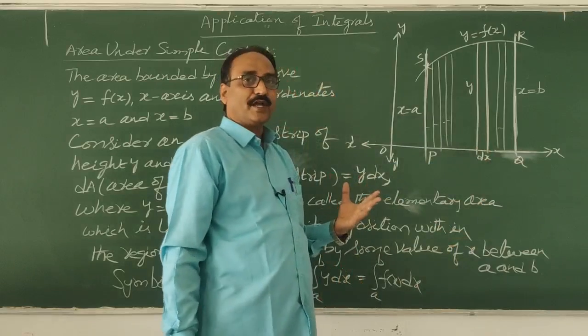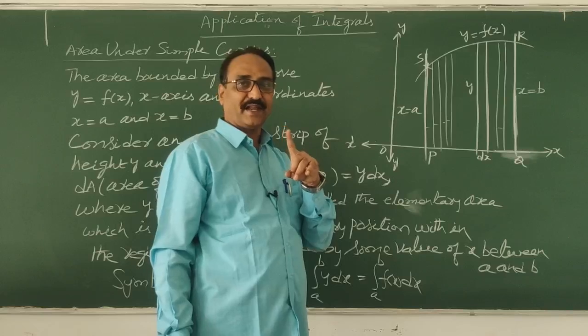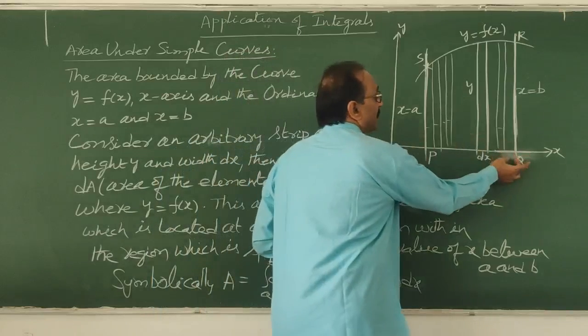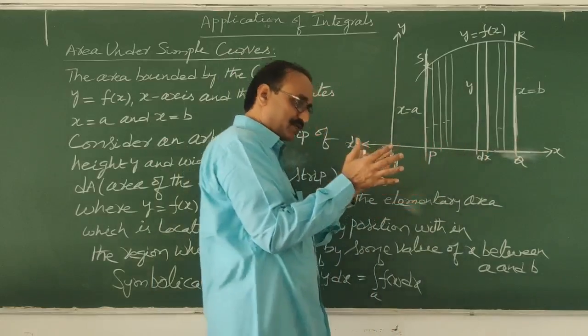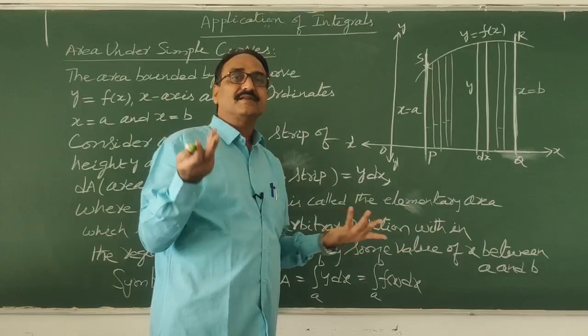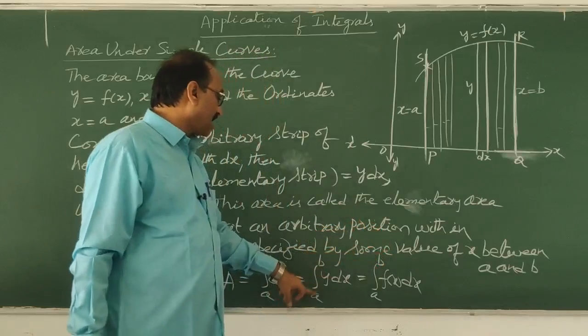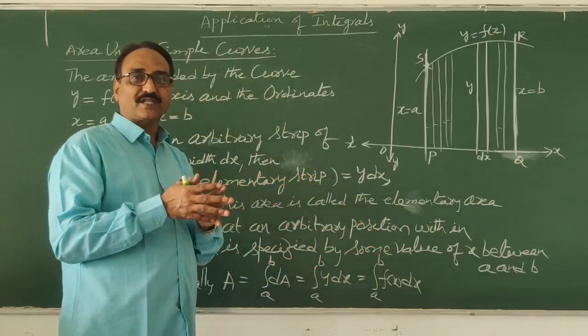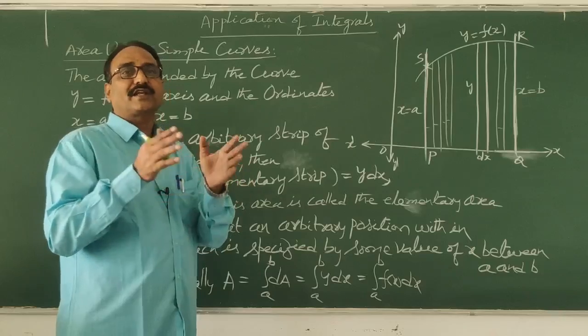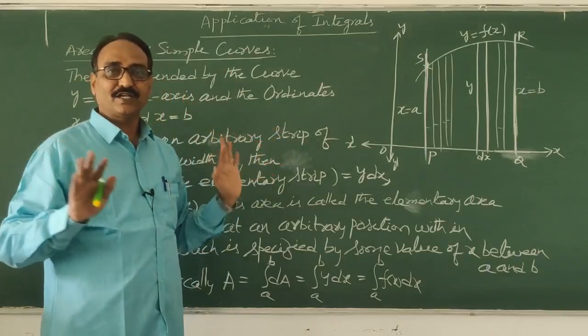Like that, not only one strip, we are finding from x is equal to a to x is equal to b, whatever strips are there, all the strips we are adding. What is integration? Summation. That's why integral a to b y dx. If you add from a to b all the strips that are there, then you will get the area. You understood now?